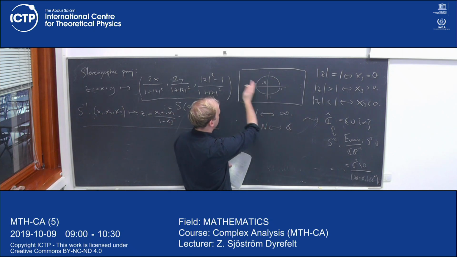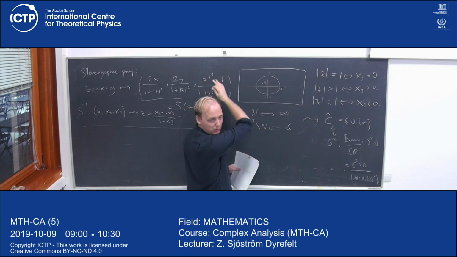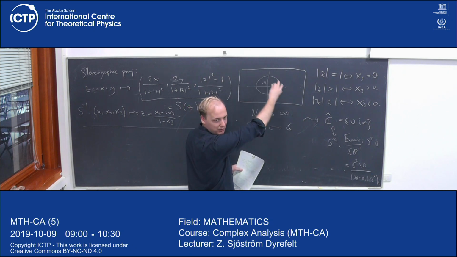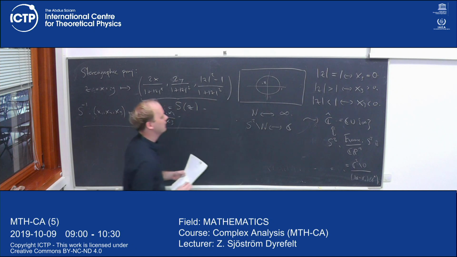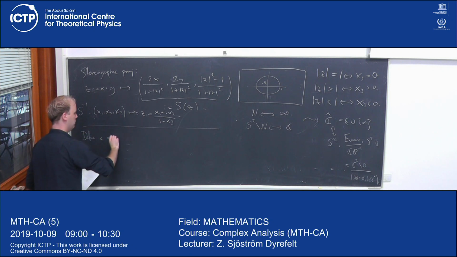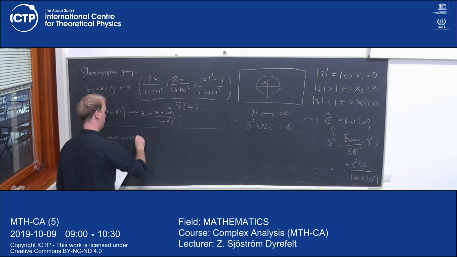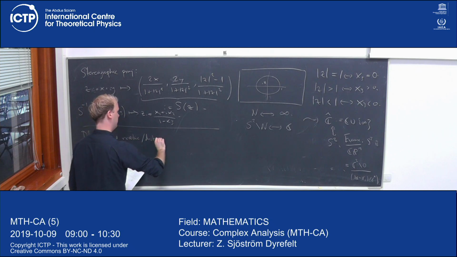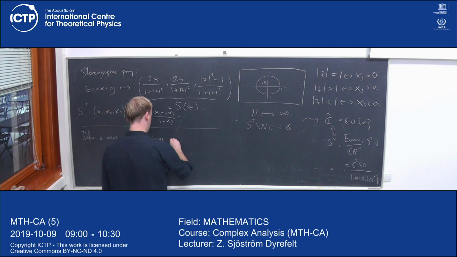In the plane, of course, the distances can become infinitely large, but now we want to treat it as something compact, where the distances stay bounded. So we can define a new metric, or a distance, in C.